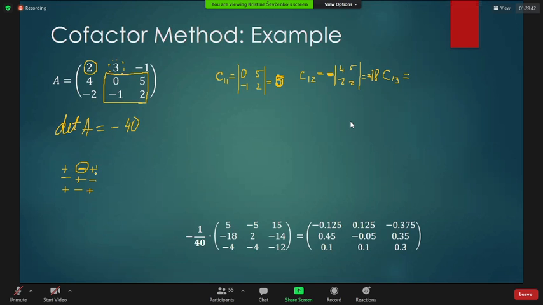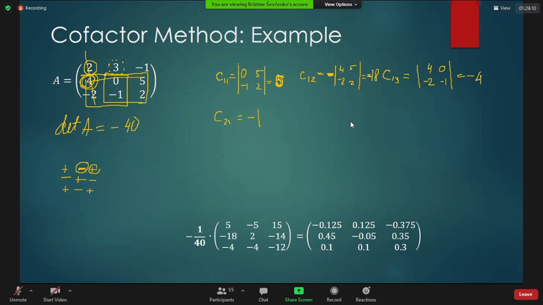C13 is in the plus position, so it would be this minor. So it is 4, 0, minus 2, minus 1. 4 times minus 1 is minus 4, minus 0, it's still minus 4. Now C21 is in the minus position.